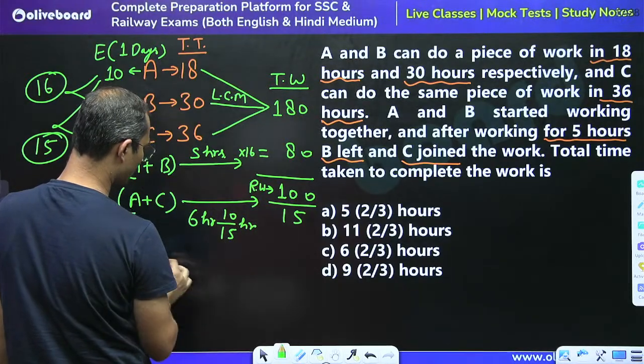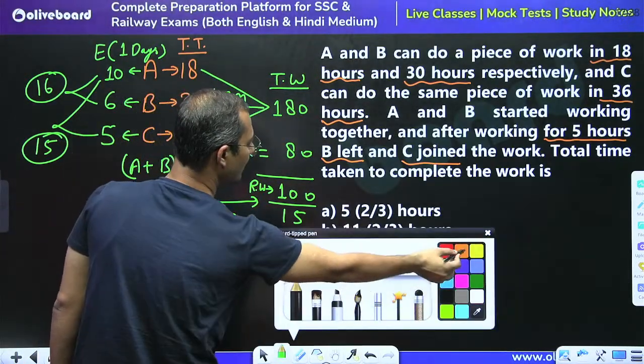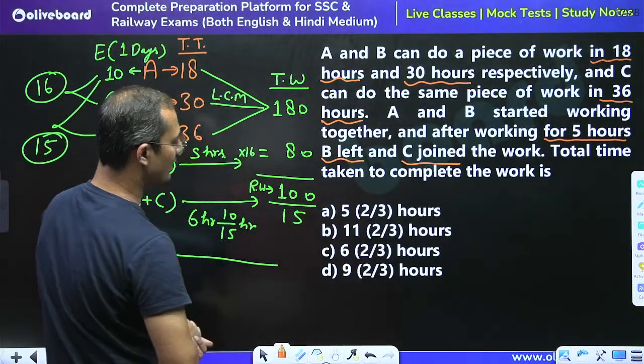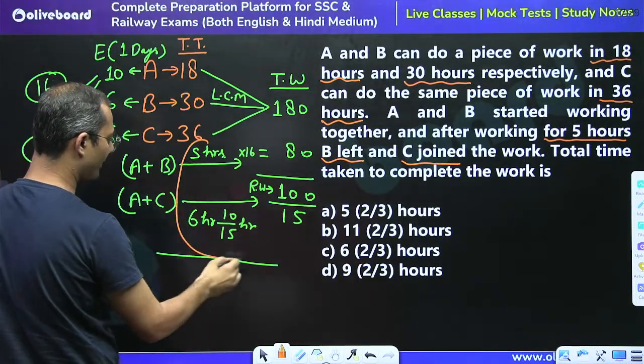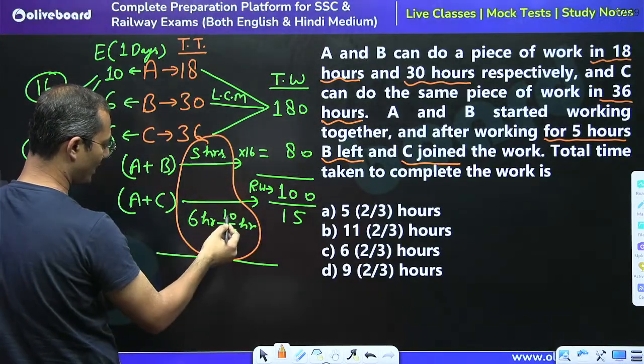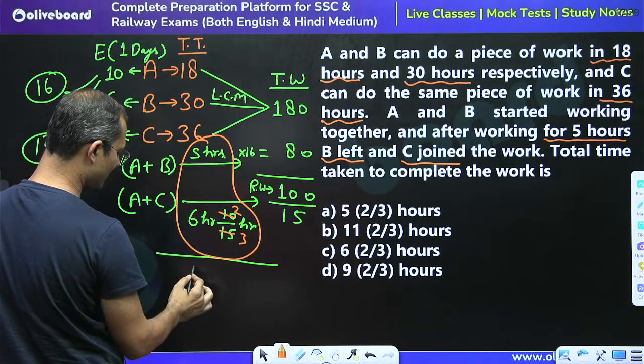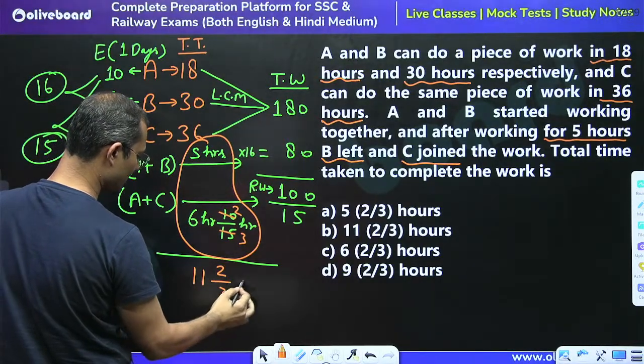Now the question is the total time. So the total time is 5 hours plus 6 hours and 2 by 3. So we can say that 11 whole 2 upon 3 hours is the right answer.